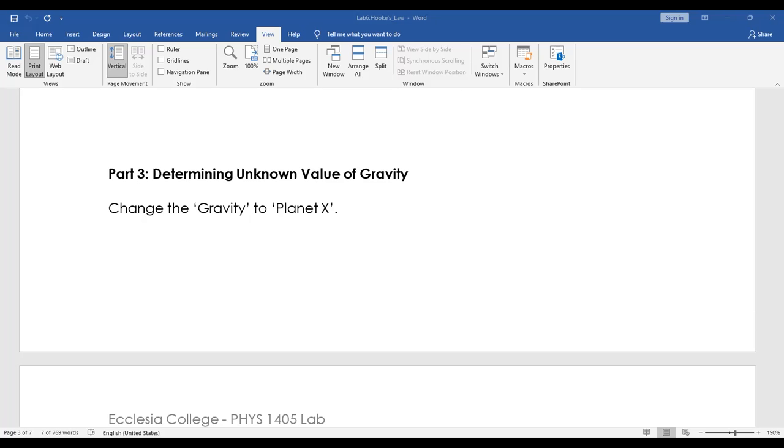How much is the extension? Maybe 24 millimeter. We have to use the M equal to 100 gram case. The extension is 24 millimeter.